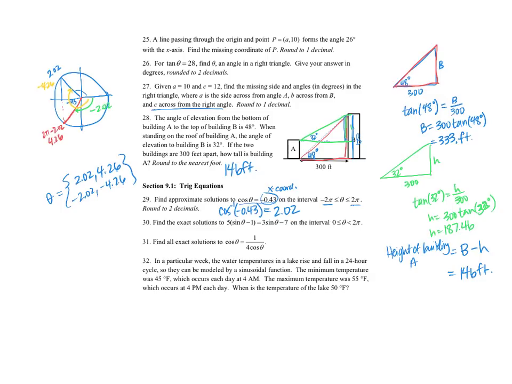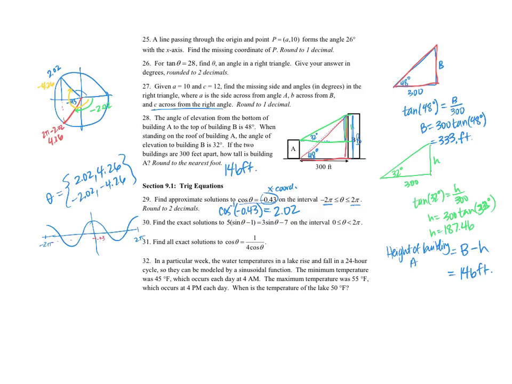And I can see why there would be 4 solutions on the interval from negative 2 pi to 2 pi, because if I draw out the graph of cosine, what does the graph of cosine look like? It looks like this. And if I think about when the cosine value is negative 0.43, that's here.